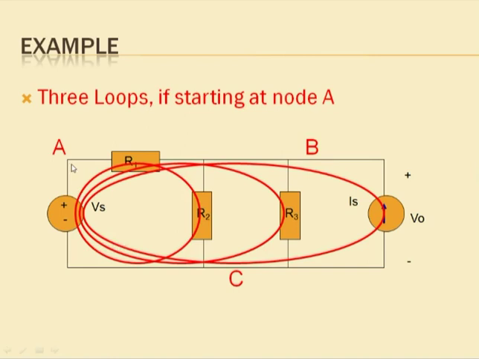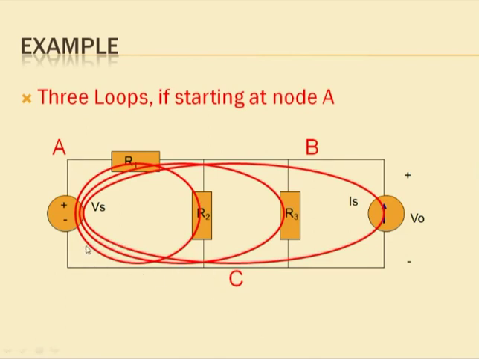Similarly, I am going to identify the second loop. Suppose again I start my journey from point A, go through resistance R1, then through resistance R3, come back to the voltage source and then back to point A. This will form my second loop.